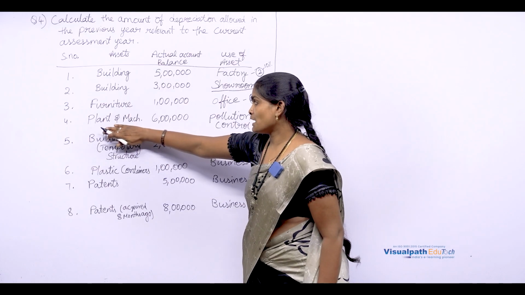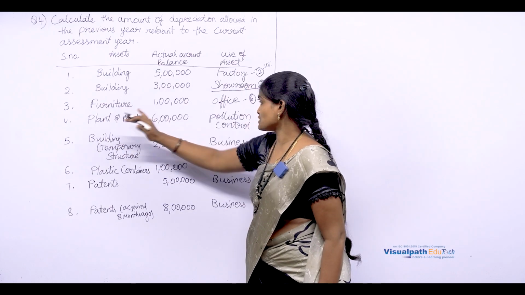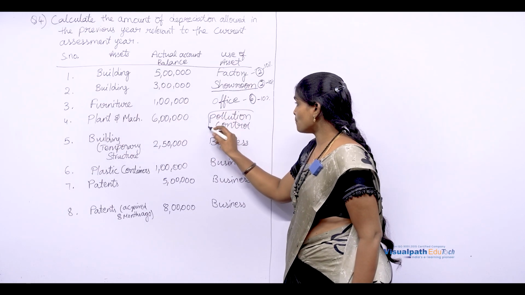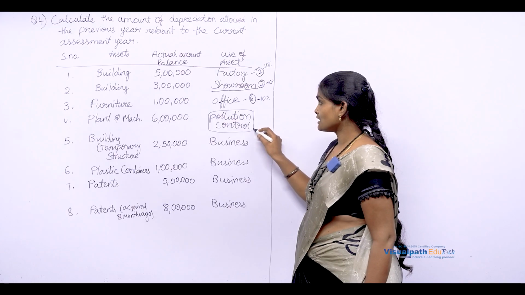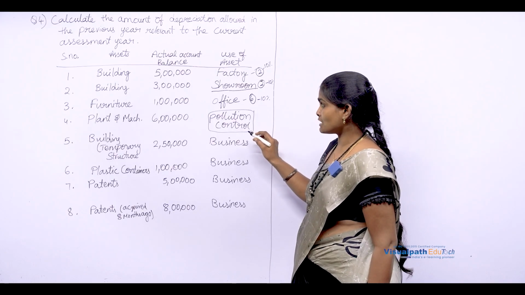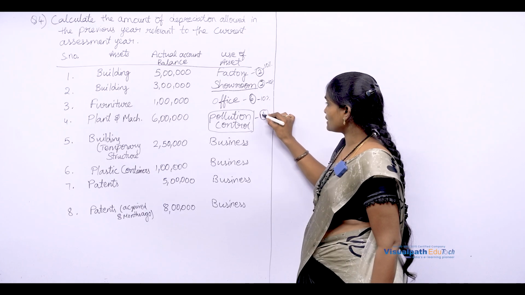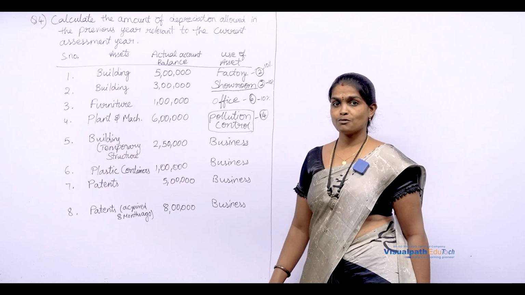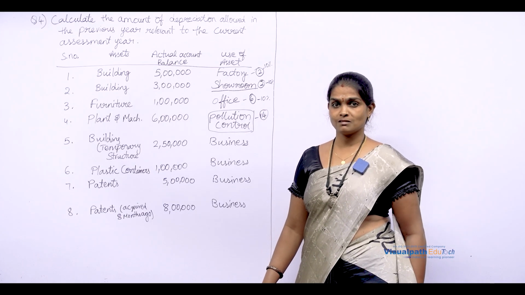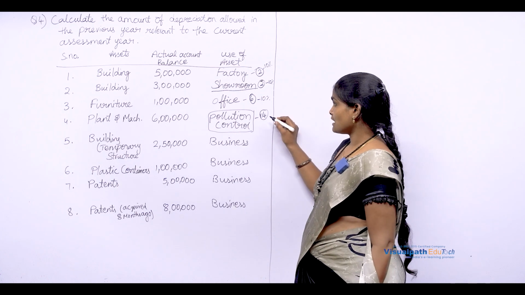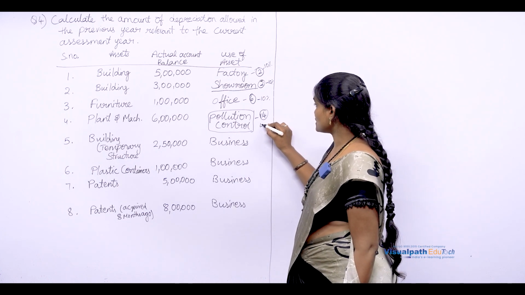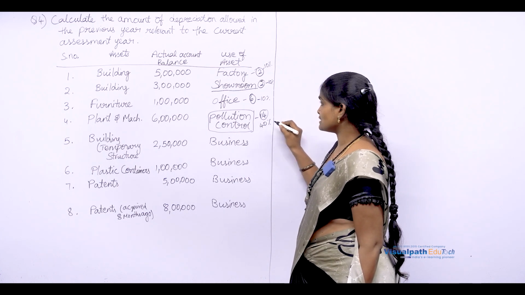Clear? Next, plant and machinery which is used for pollution control. If it is used for pollution control, then it is block number 14. Block number 14 deals with this nature of asset, and its rate of depreciation is 40%.